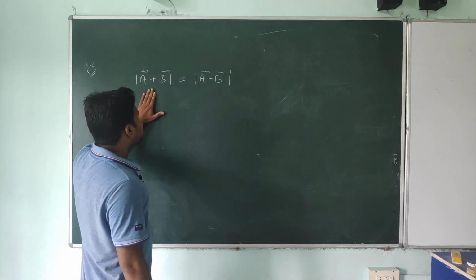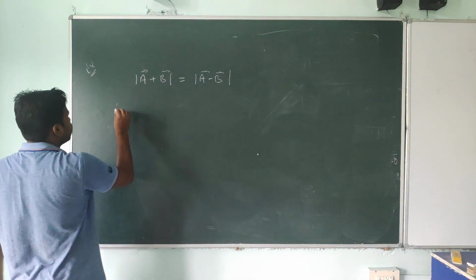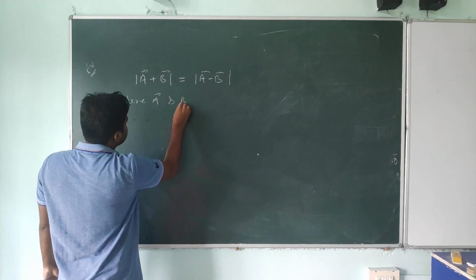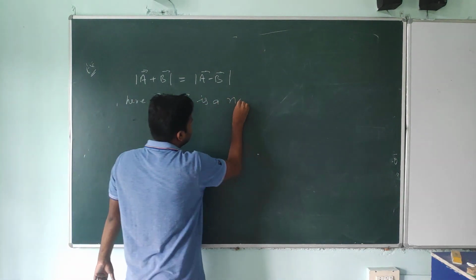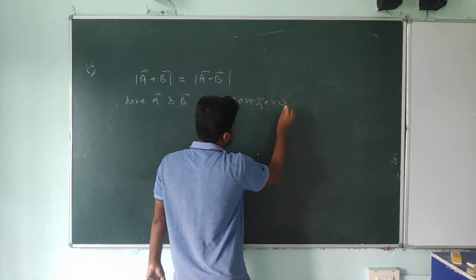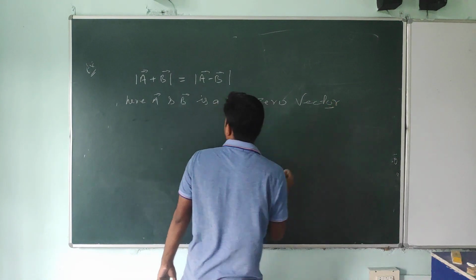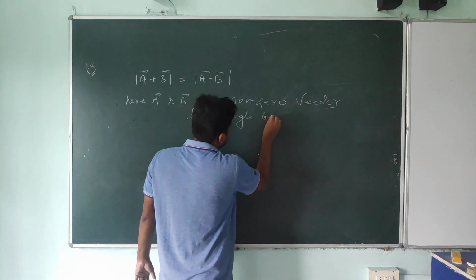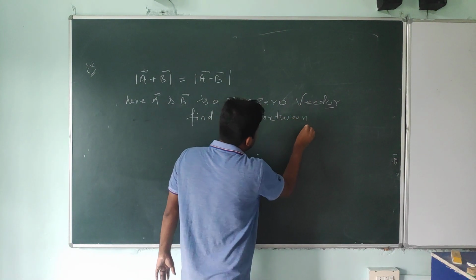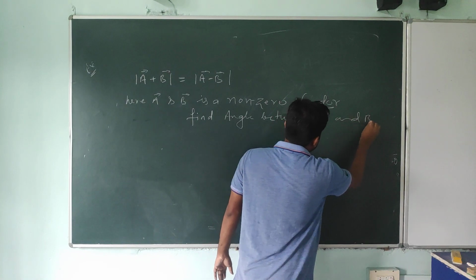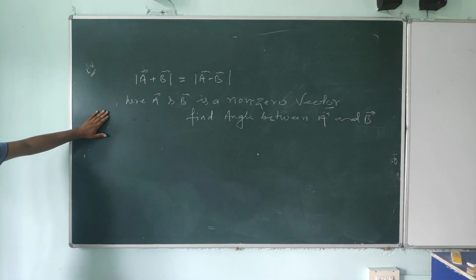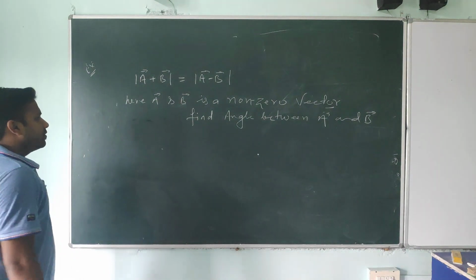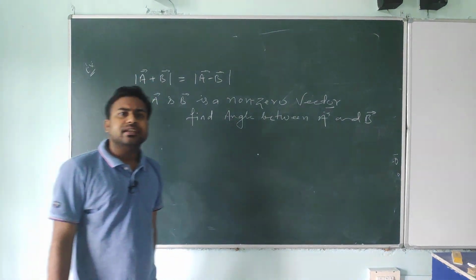So look at this, mod of A plus B is equal to mod of A minus B, this is given, and vector A and vector B are non-zero vectors. Find the angle between A and B. Look at this, mod of A plus B, it means you have to write the magnitude formula.